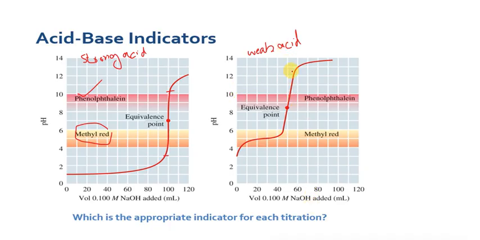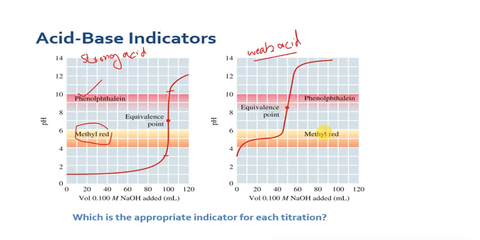This titration curve is the one used when strong base and weak acid are used. Its equivalence point is greater than 7.